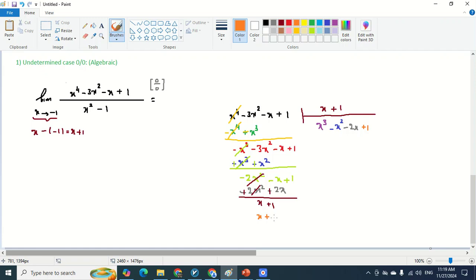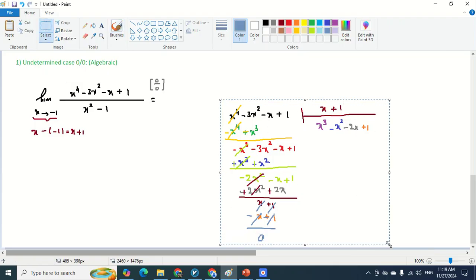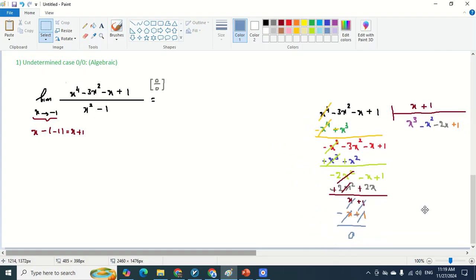And again you should change the sign of the result over here, which is minus x minus 1, and after cancelling this expression you will find out the remainder will be 0. Always in this situation your remainder should be equal to 0, otherwise you made a mistake in some part of your long division.